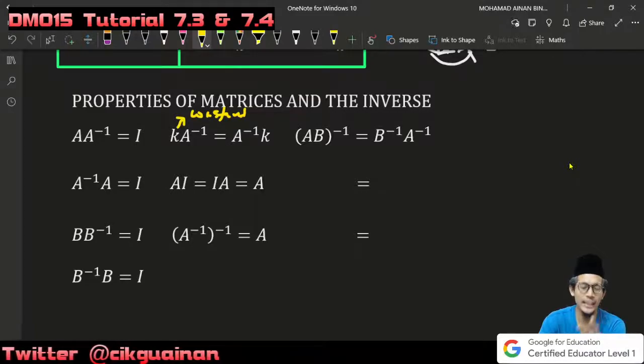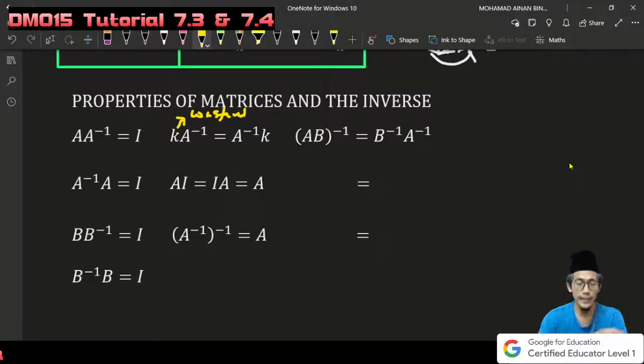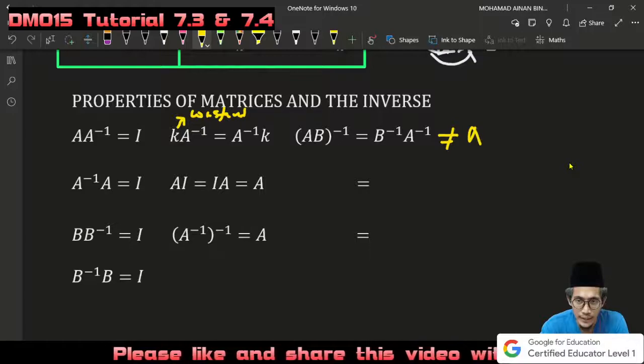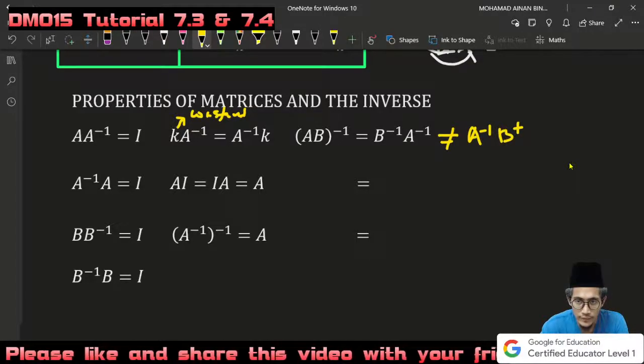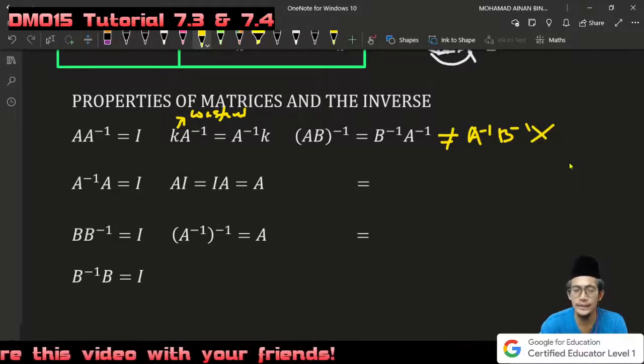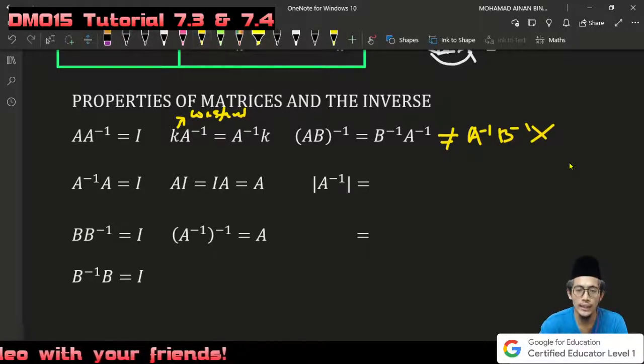AB tu asalnya A tu dekat kiri, B tu kat kanan. But when we take the inverse of the multiplication, we have to reverse the order. Okay, memang kena macam ni. Dan ini tak sama dengan A inverse multiply B inverse. Tak sama. Jangan cakap dia sama. Saya bagi tahu siap-siap.